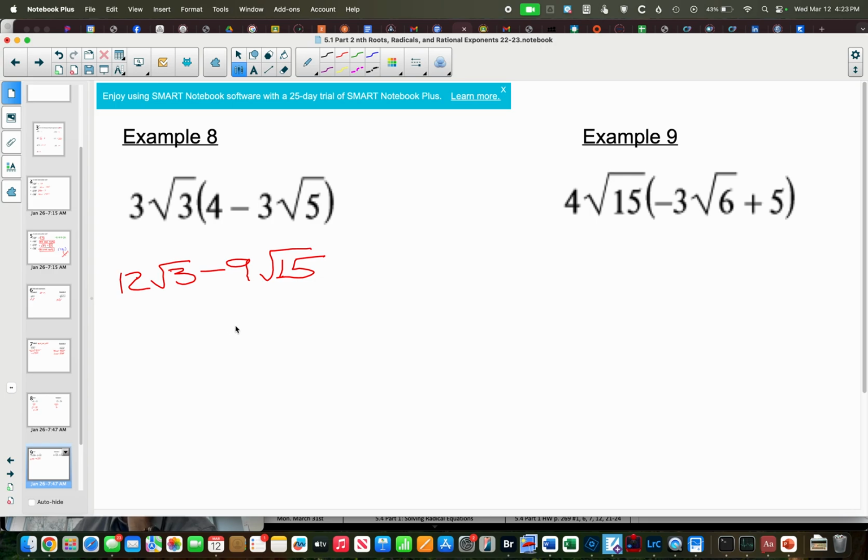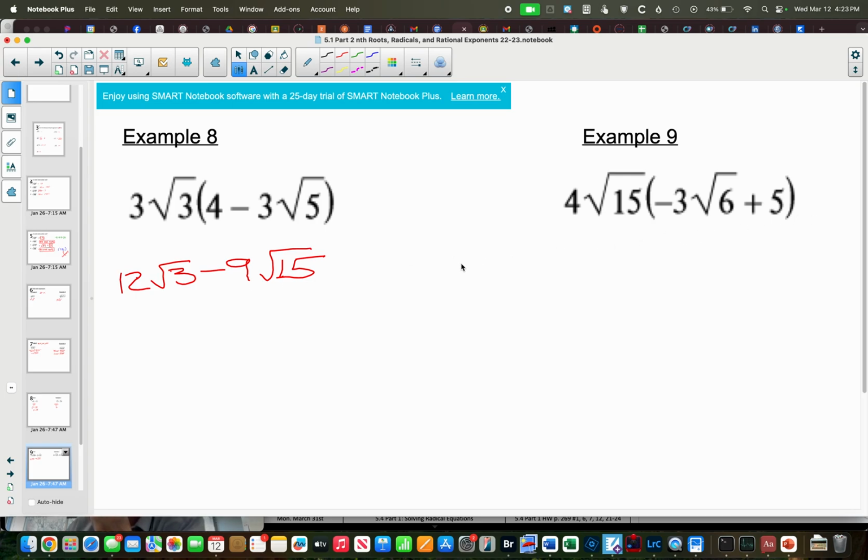I'm trying to think if there's a way to simplify this. Not really. Okay, so 12 square root of 3 doesn't simplify, and square root of 3 and square root of 15 are not like terms. So I think this is our best answer. I don't think you could do anything with that.